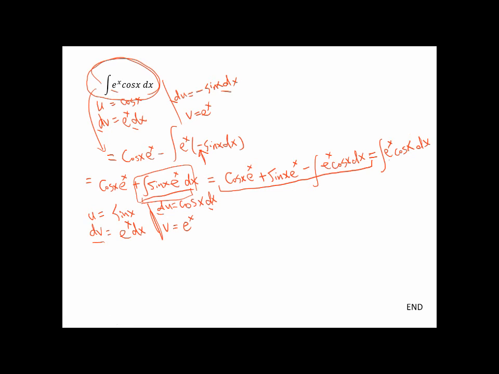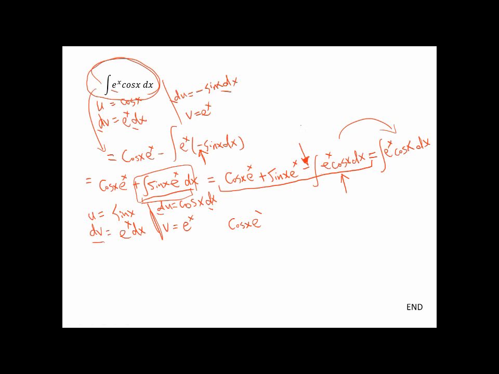Okay, so question equals answer, answer equals question. I find this part, e to the x cosine x dx, which is exactly my question, right? Same as my question. And I'm very lucky to find here is a negative sign, right? Which indicates I can move this back to my left side. So I'm going to do it.